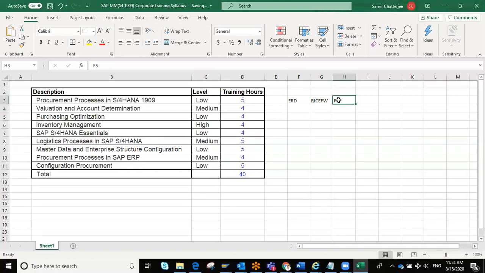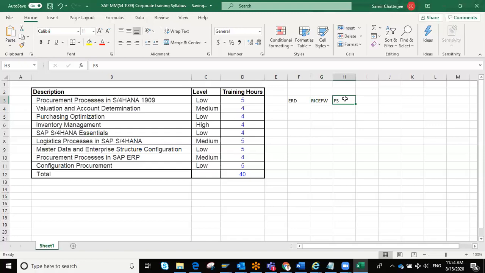A functional specification is written for RICEFW objects. R stands for report, I for interface, C for conversion, E for enhancement, F for forms, and W for workflow. So all 6 objects have functional specifications.